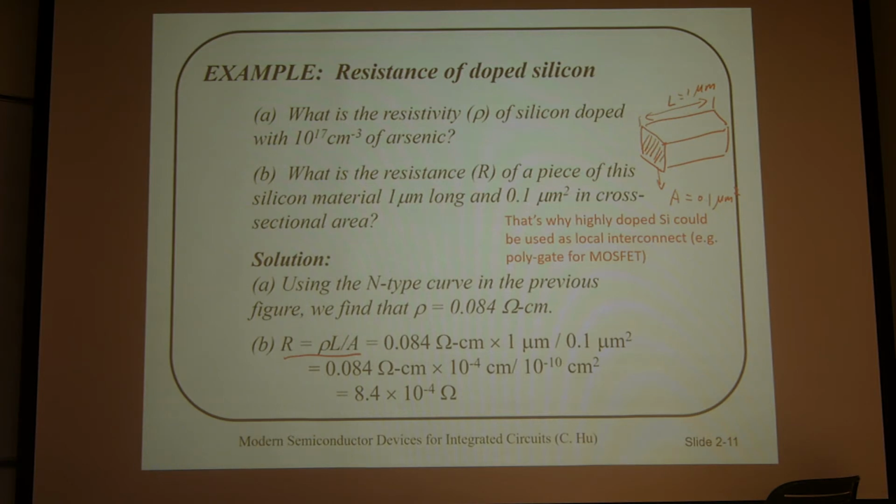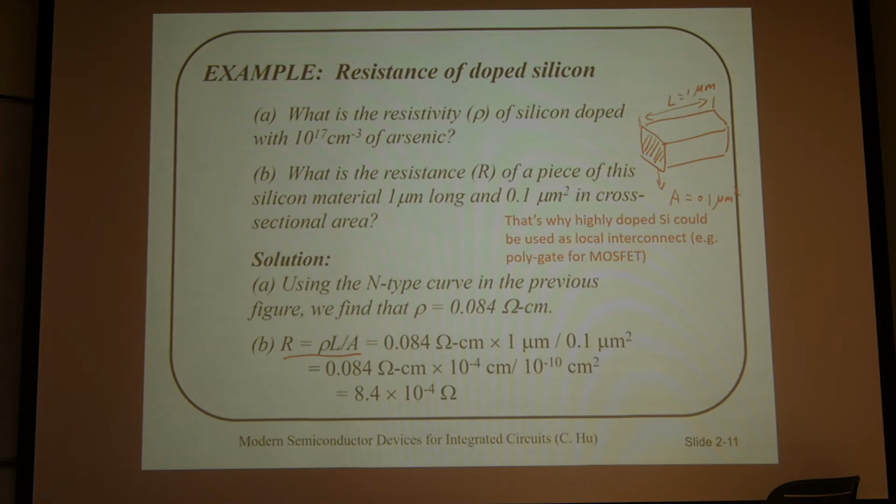So for some short distance on the chip, you can use the doped silicon as your interconnect. And for example here, the MOSFET, as we see later, the transistor's gate can be the doped polycrystalline silicon as the gate electrode.